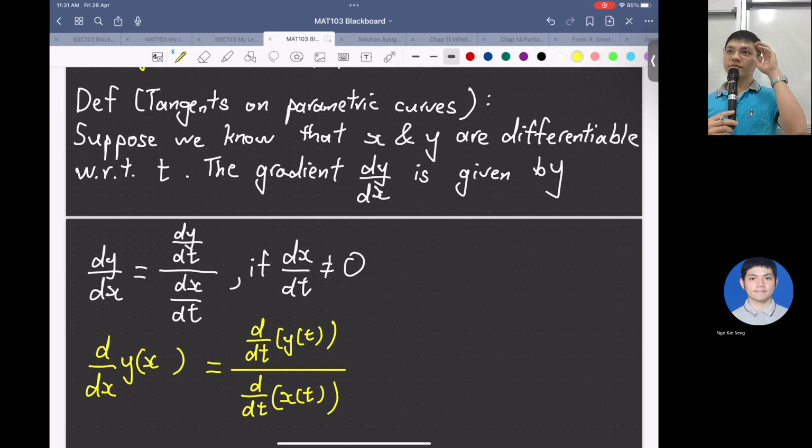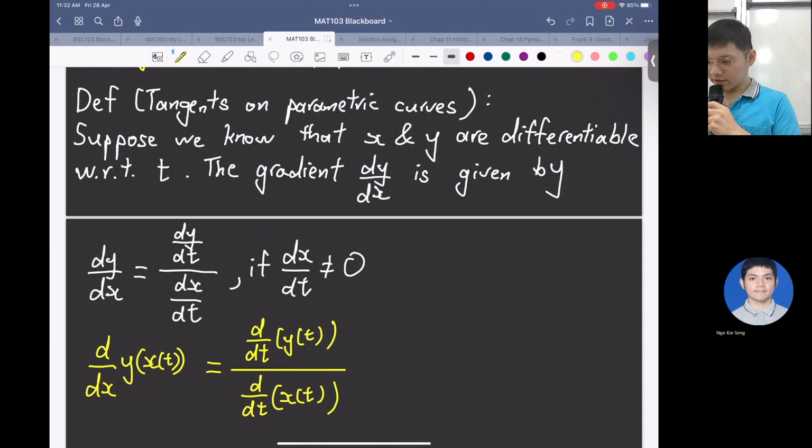Make sense? You should remember that d over dx is an operator on a function that gives you another function, from function space to function space. So really we need to put a t here. So this is the gradient.